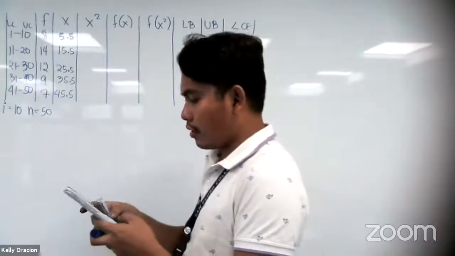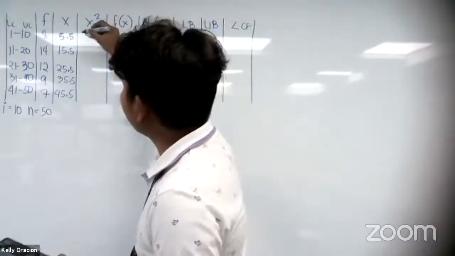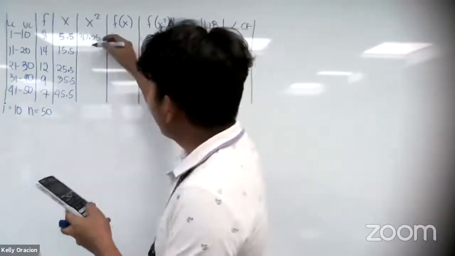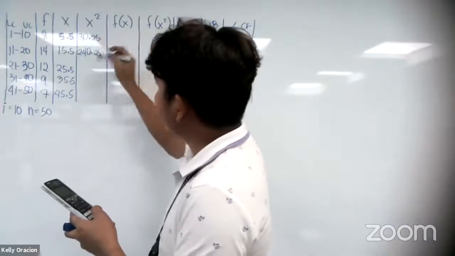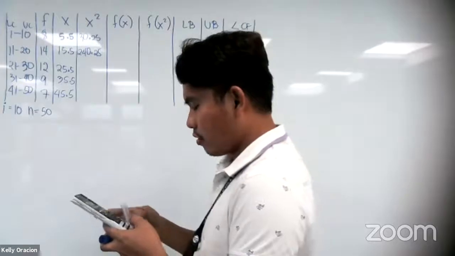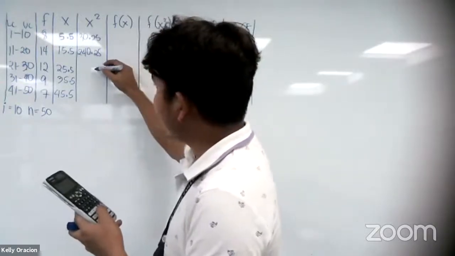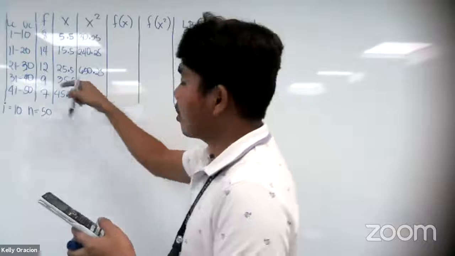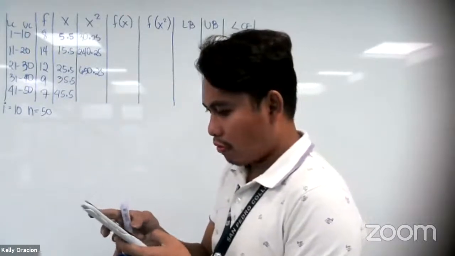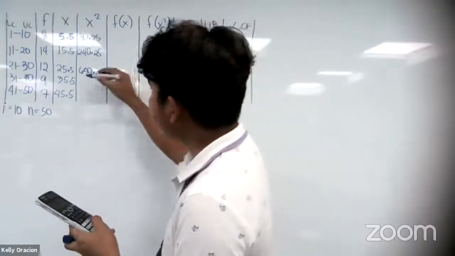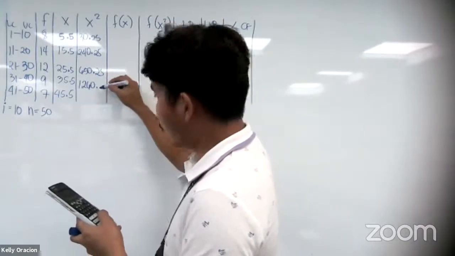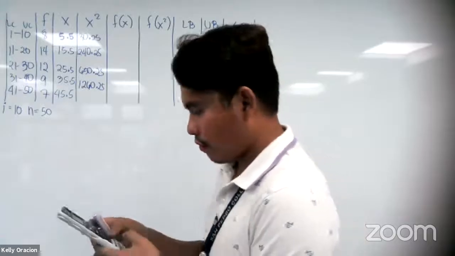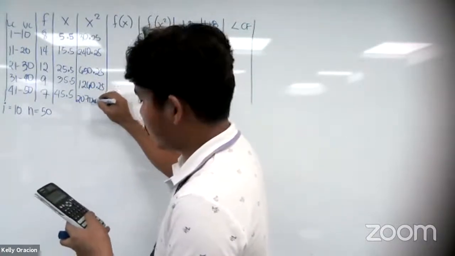So 5.5 squared is 30.25, 15.5 squared is 240.25, 25.5 squared is 650.25, 35.5 squared is 1,260.25, 45.5 squared we have 2,070.25.